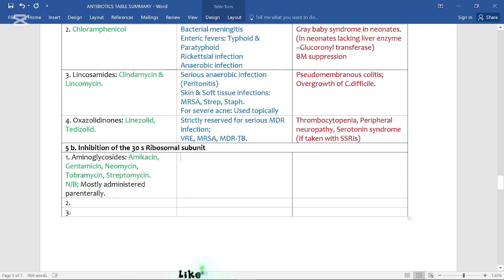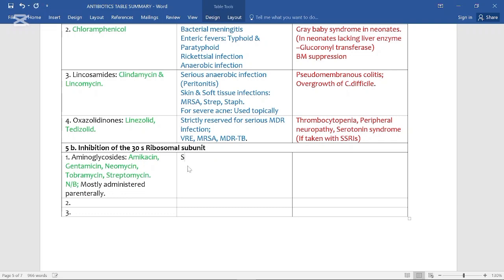When you look at some of the indications for using this drug, the first one, these drugs are always very good when it comes to dealing with severe gram-negative systemic infections like septicemia or sepsis. So when the client has got sepsis, and if you do the culture and you find that the bacteria causing this sepsis is a gram-negative bacteria, one of the major drugs that tend to work very effectively are the aminoglycosides.